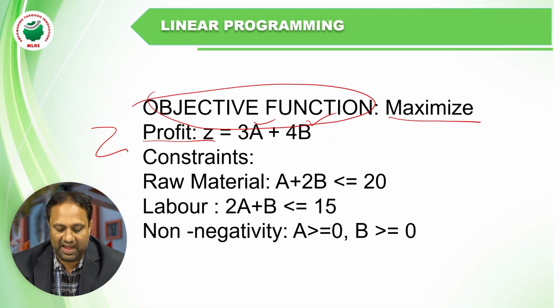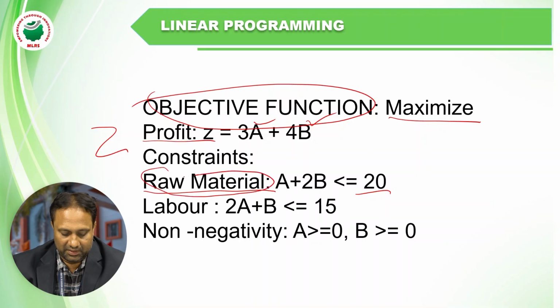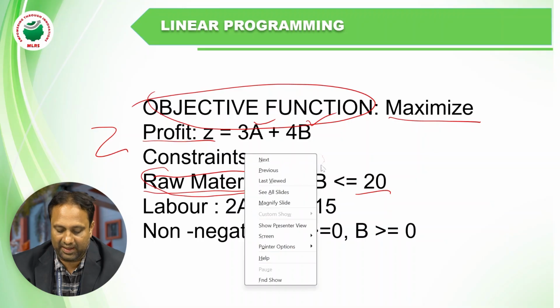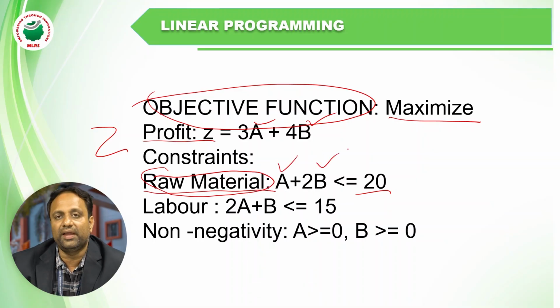Once again, dear students, the availability of raw material to produce products A and B is only 20 units.